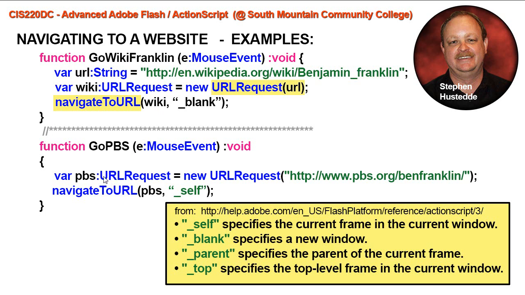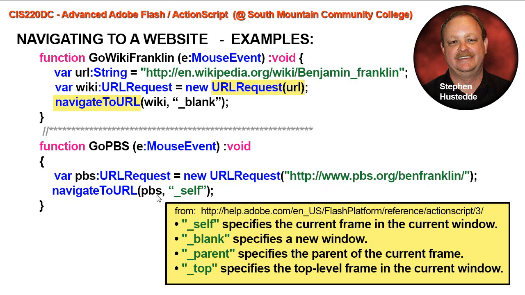Now here's a second example, basically doing the same thing, but in this example I combined these two statements, where I'm creating the URL string and the wiki URLRequest, into one statement. I'm simply creating a URLRequest, and I named this one PBS, equals new URLRequest, and then rather than specifying a string variable, I just went ahead and put the literal string of the address in the parentheses.